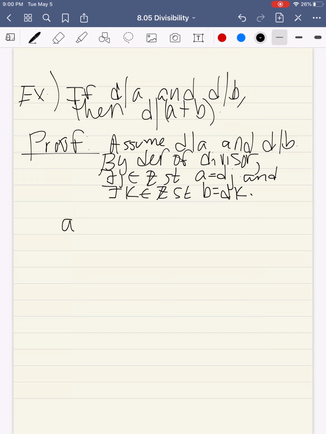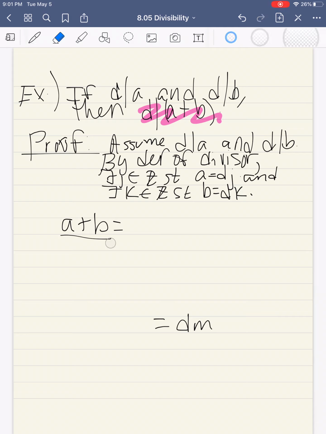So let's go ahead and start with a plus b. Our definition of divisor says we want to get this quantity, a plus b, to be equal to d times some integer, whatever that integer value may be. Let's just say that it's m.